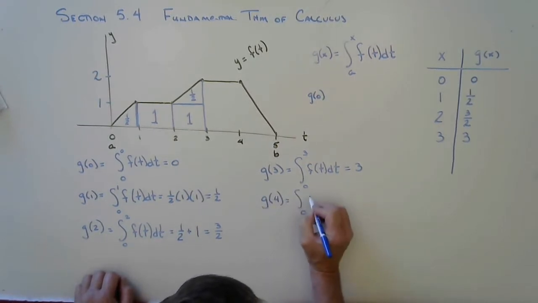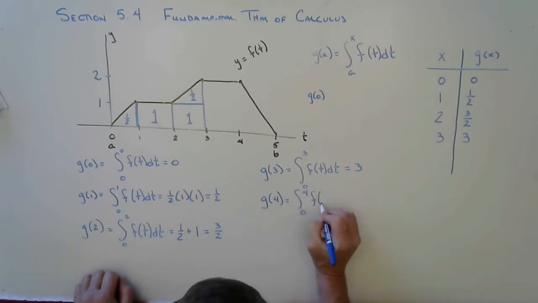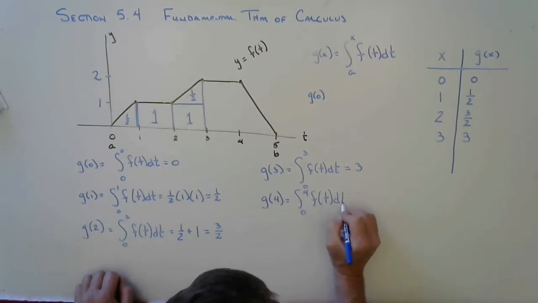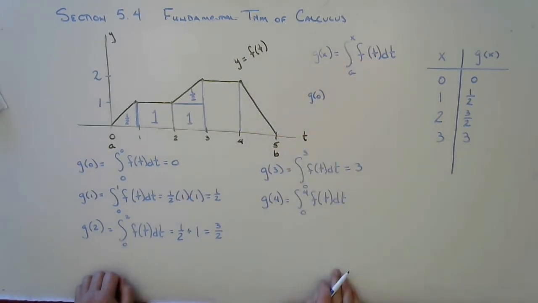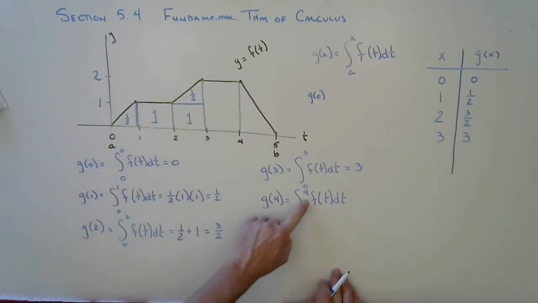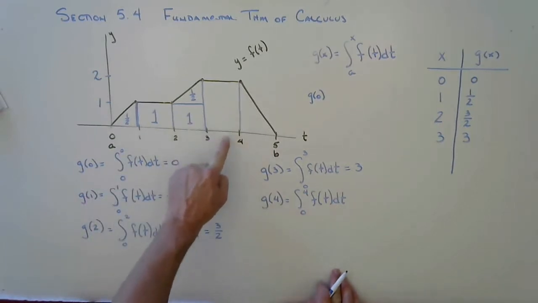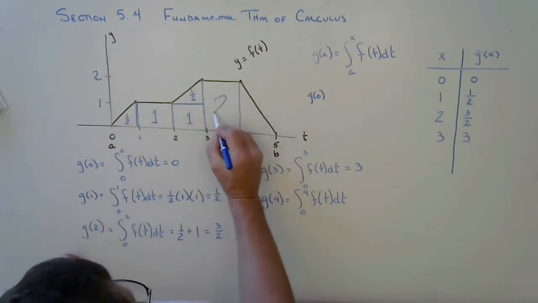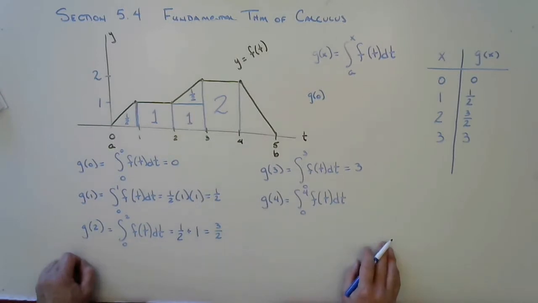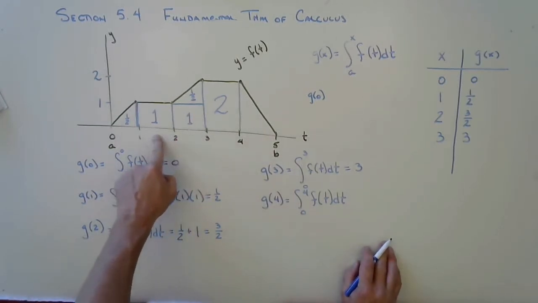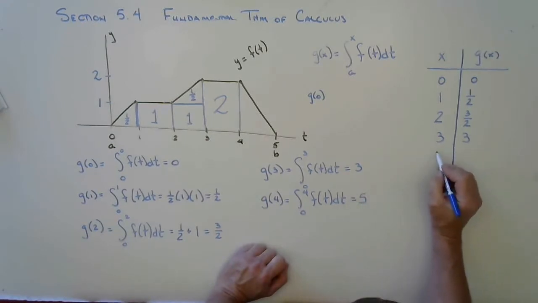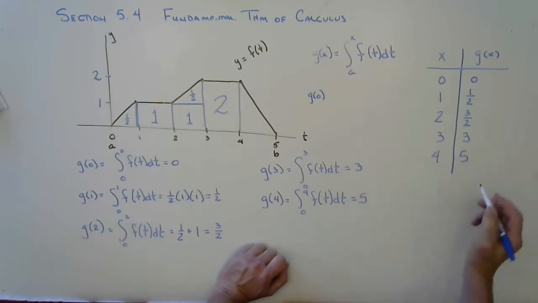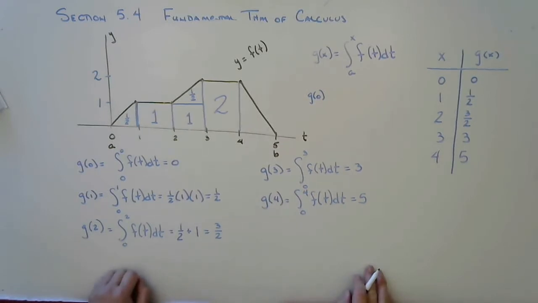What about g of 4? G of 4 is going to be the integral from 0 to 4 of f of t dt. So that's going to include this rectangle. We go from 0 to 4. That rectangle is 1 wide, 2 high, so that has an area of 2. So we have 2 plus 1 plus 1, that's 4, plus 1 more, we get 5. See, we're accumulating the area. So g of 4 is 5. What about g of 5?